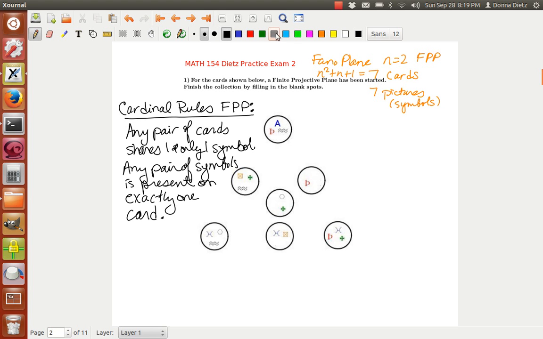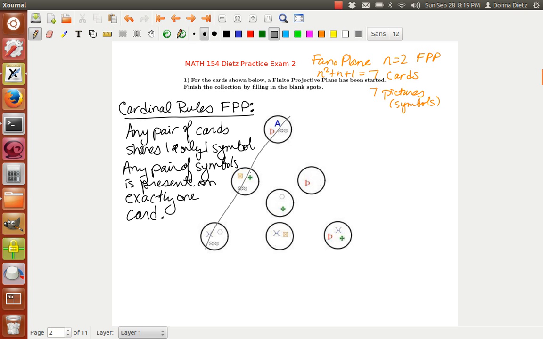Now we know from the Fano plane that this is a line, this is going to be a line, this is going to be a line. What does that mean? Well, we also have these 3 lines, and also this set of 3 is a line, even though it's arranged in a circle. Okay, so what do we have here? Well, first of all, these 3 cards should all have a symbol in common.